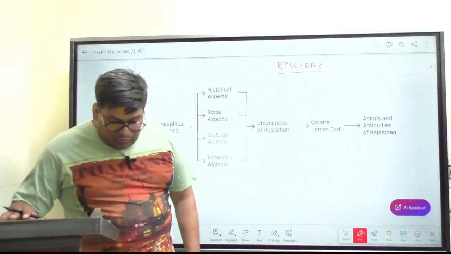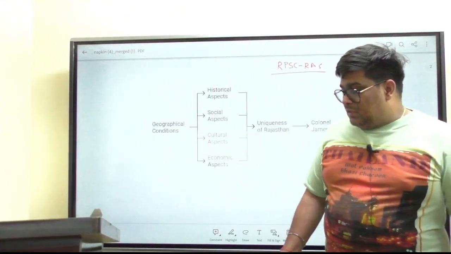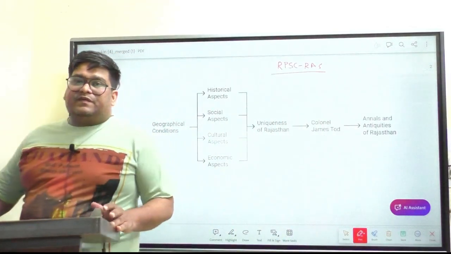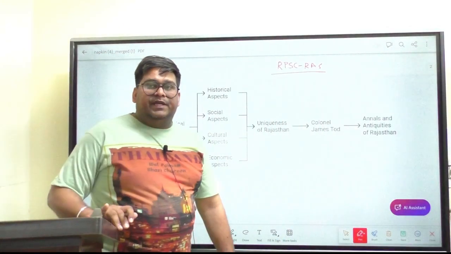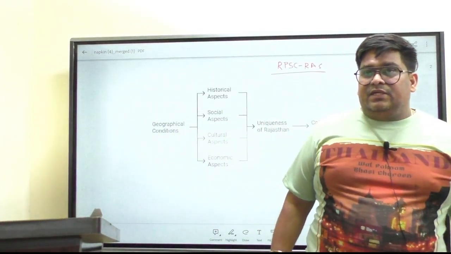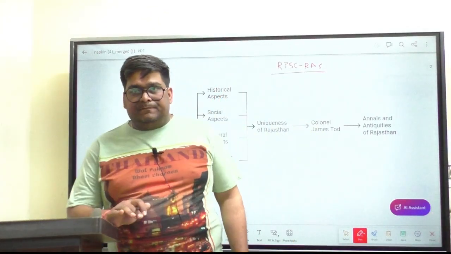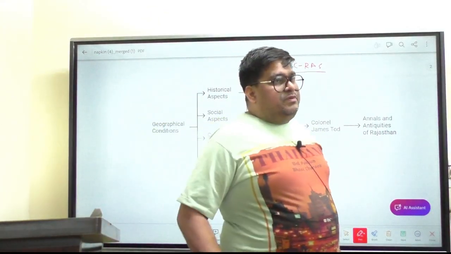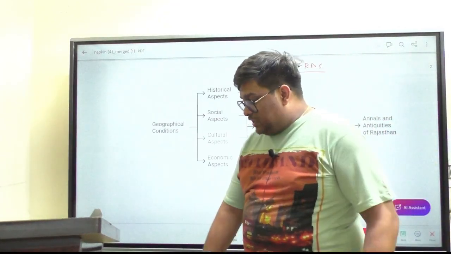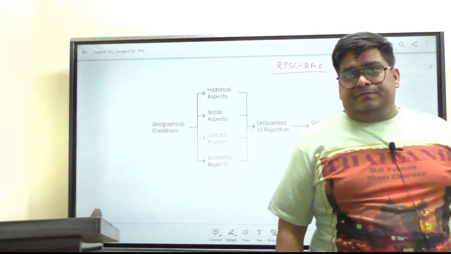Okay, so you are very well aware about the geography of Rajasthan or the location of Rajasthan. Rajasthan is located specifically in the northwestern region of India, and you can study various aspects of any particular region, for example the geographical aspect, cultural aspect, social aspects, religious aspects of the particular region.